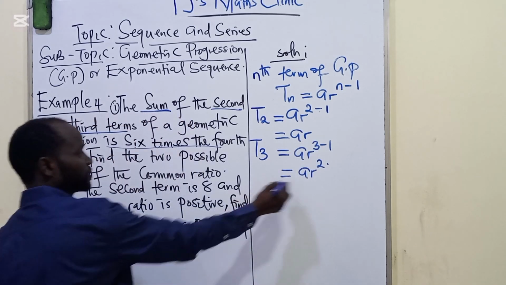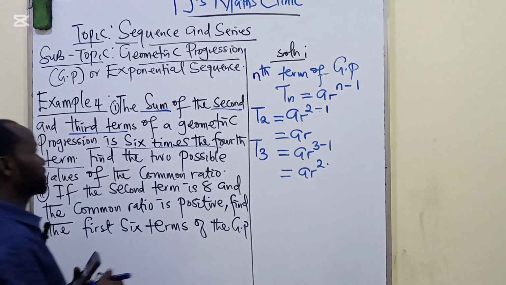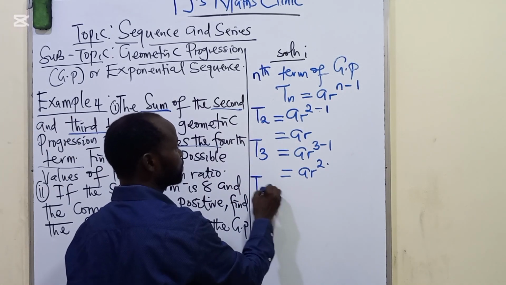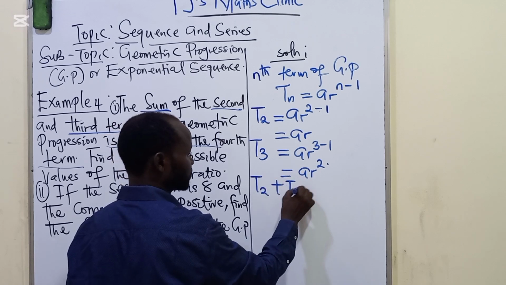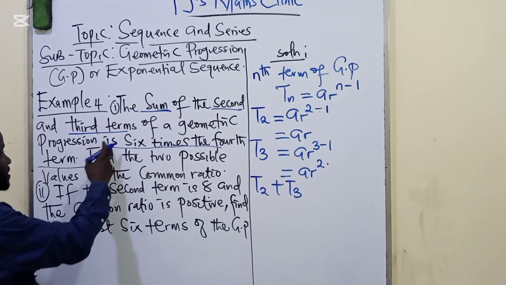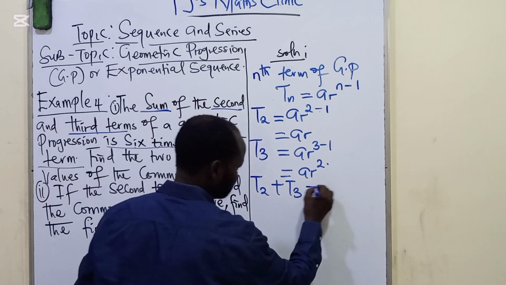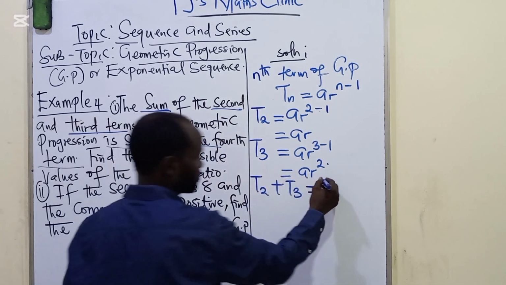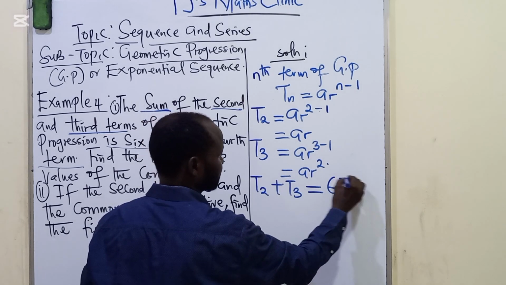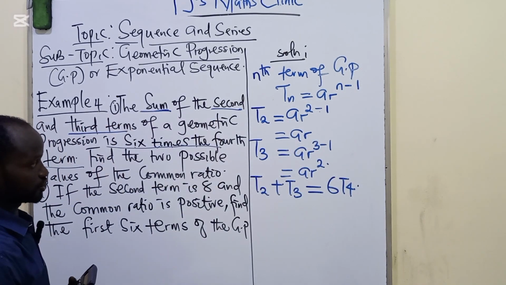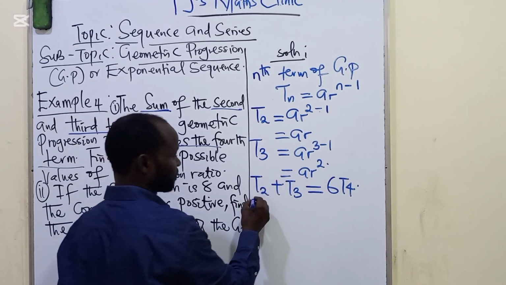So this is our third term and this is our second term. We are told that the sum, meaning T2 plus T3, of the second term and the third term of the geometric progression is equal to 6 times the fourth term, that is 6 multiplied by T4. That's the interpretation. It means we need to get our T4.